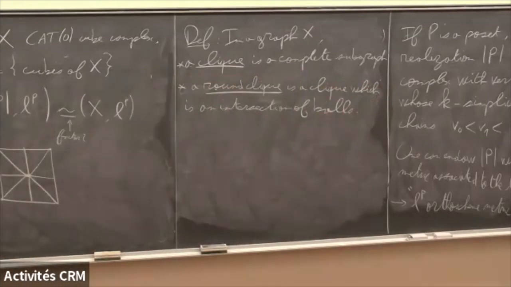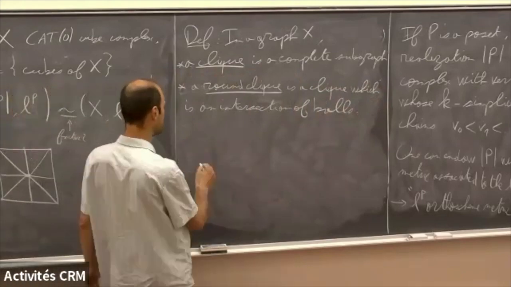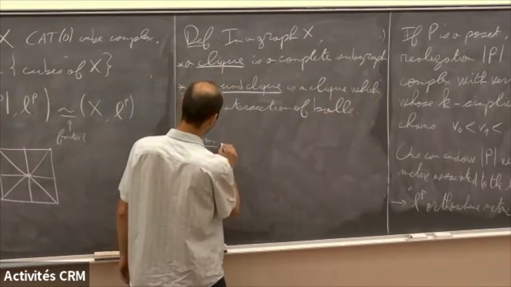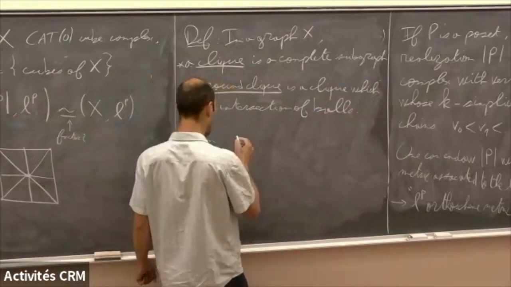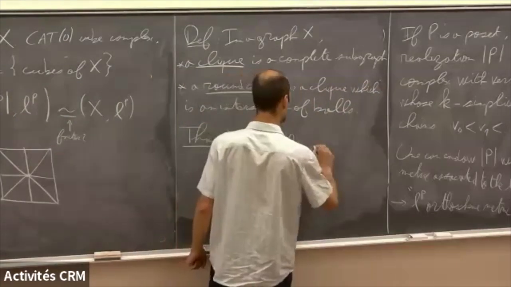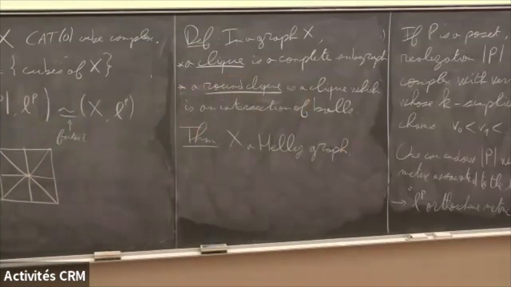And with this definition, I can now give a very precise and explicit description of the injective hull of the Helly graph, if I start with X, the Helly graph. This description has been carried out by Lang, and I just add essentially a refinement of his construction, which makes it easier to compute.